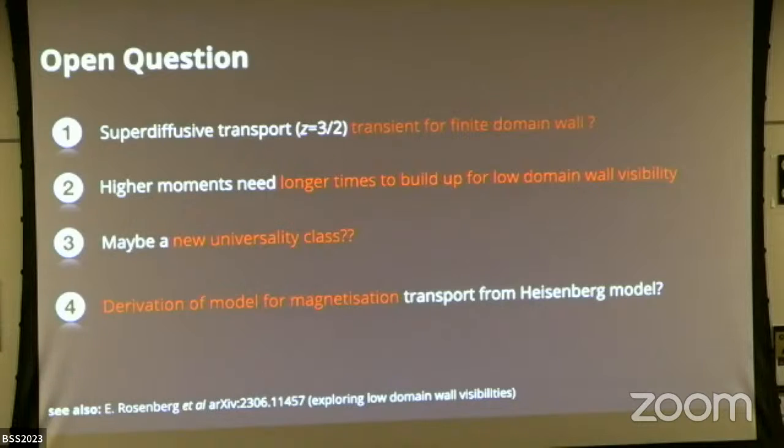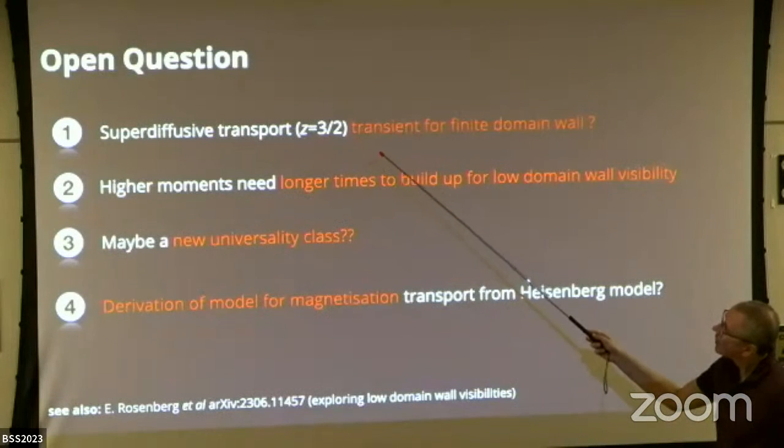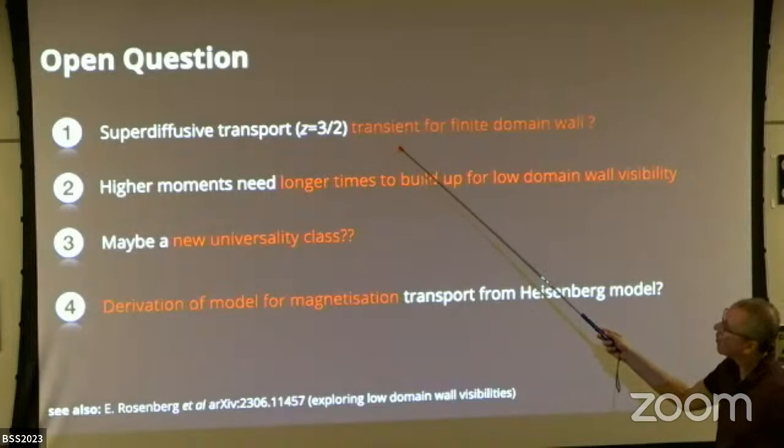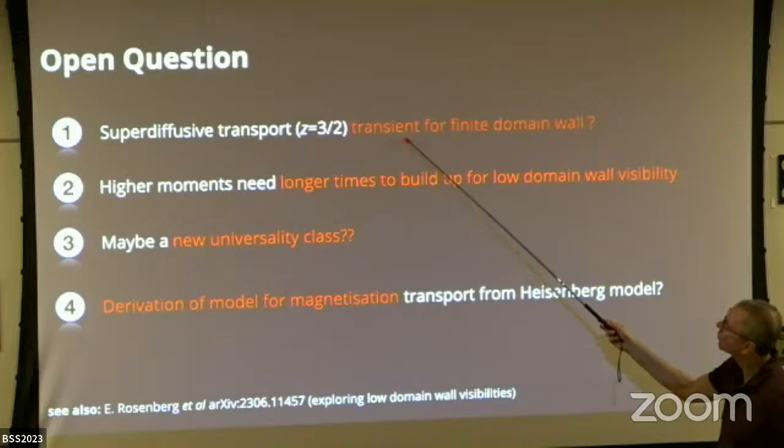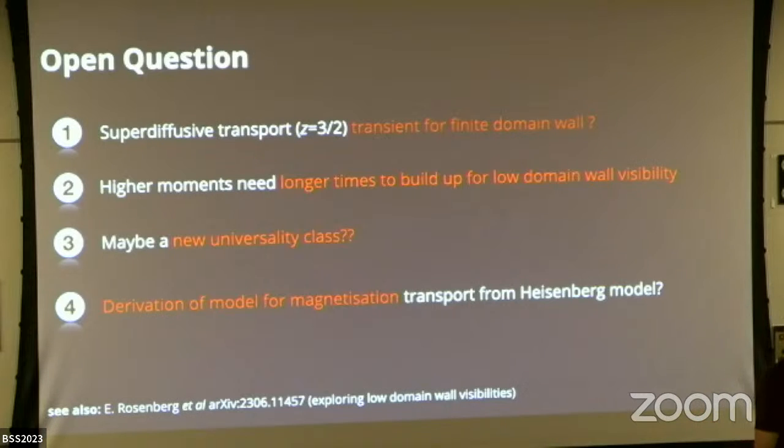Now, the story is not settled. What are the big open questions? One big open question is what people now conjecture, knowing from classical models, that the superdiffusive transport is really only a transient phenomenon for finite domain wall heights. Only in the limit of domain wall height going to 0 do you have this really perfect KPZ regime.